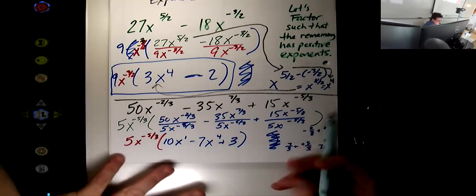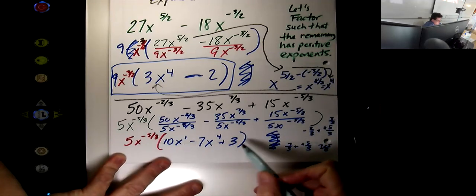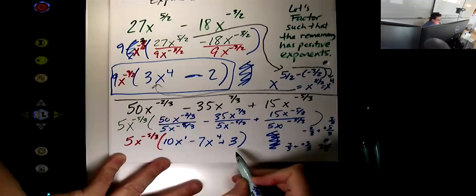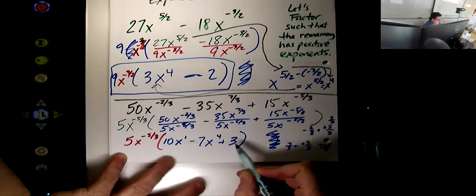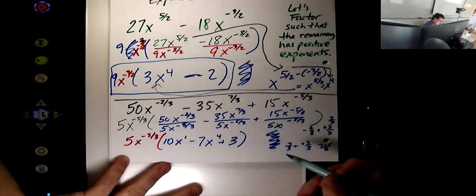We want to notice how there's no negative exponents in here. By choosing the lowest one, we've got something here that doesn't have any negative exponents. Now, this might eventually end up factoring more. I don't think it does here, and we've got x to the 4th here.